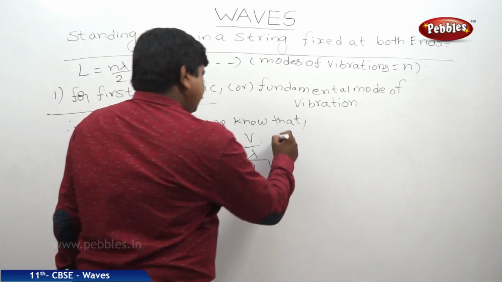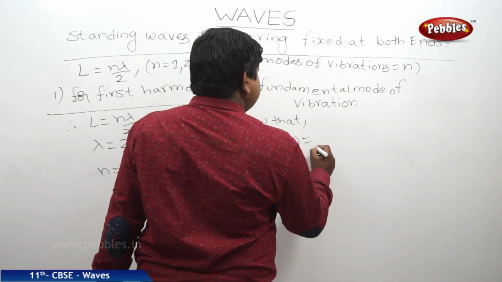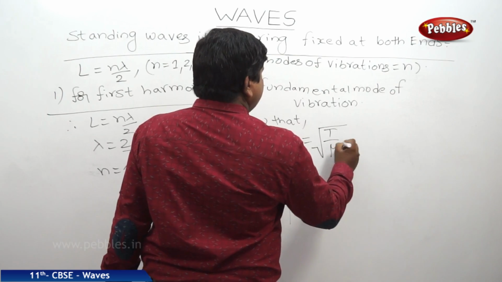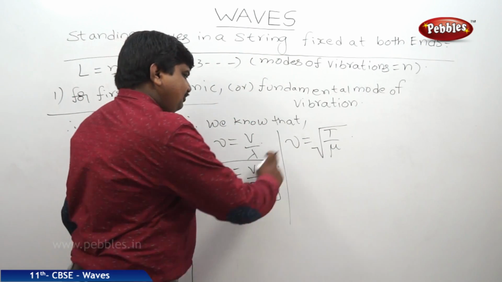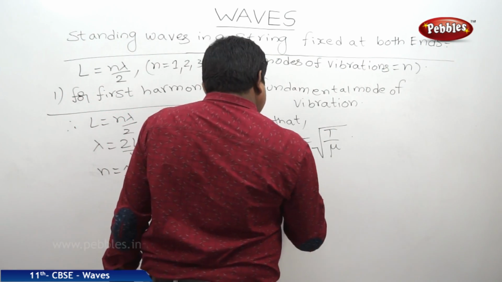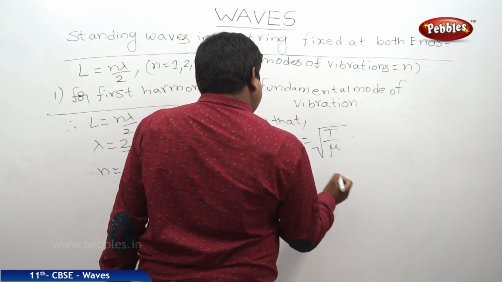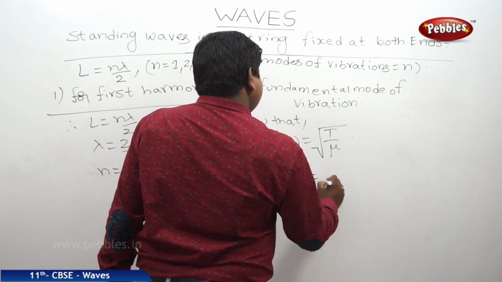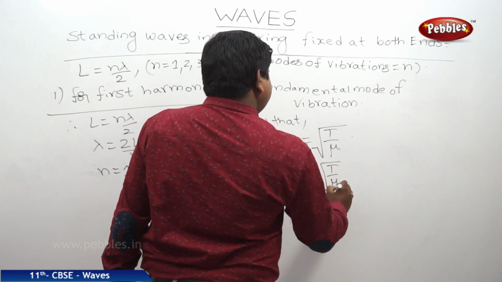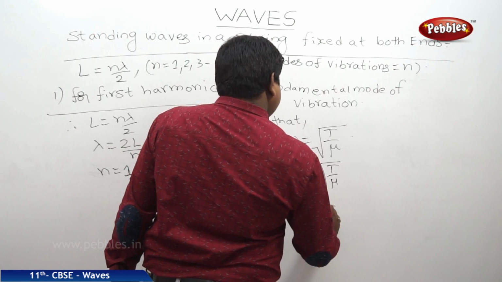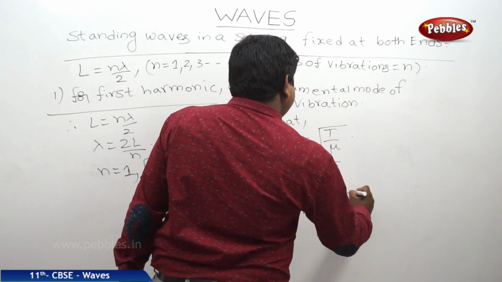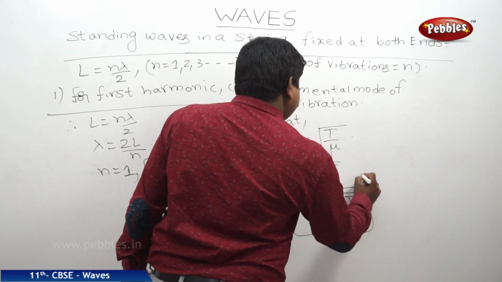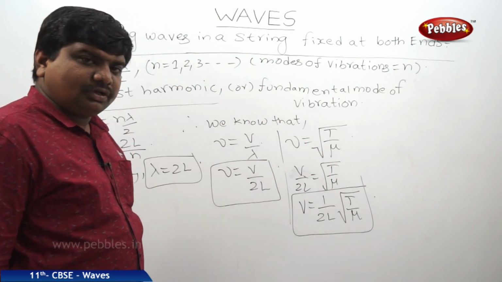So therefore we know that the frequency equation is also given by root of T by mu. So if we equate both equations, V by 2L is equal to root of T by mu. Therefore frequency is equal to 1 by 2L into root of T by mu.